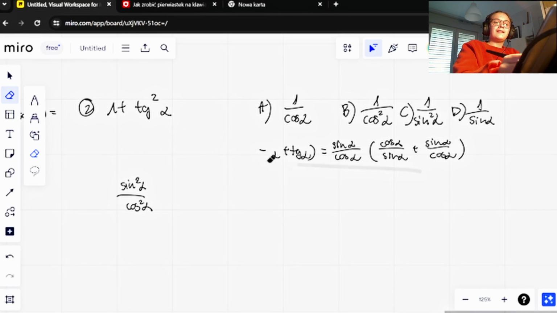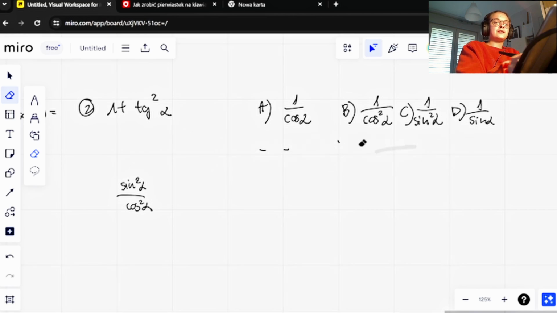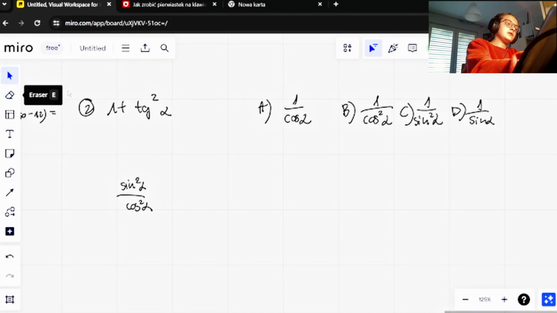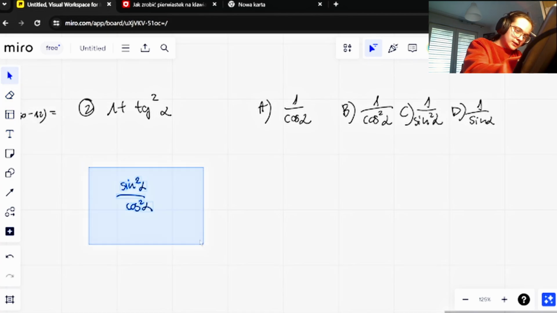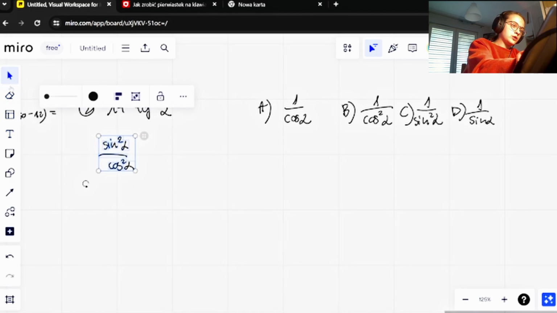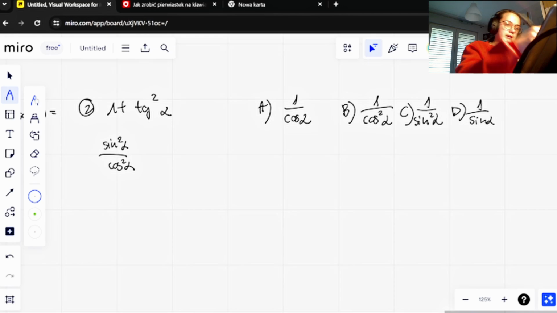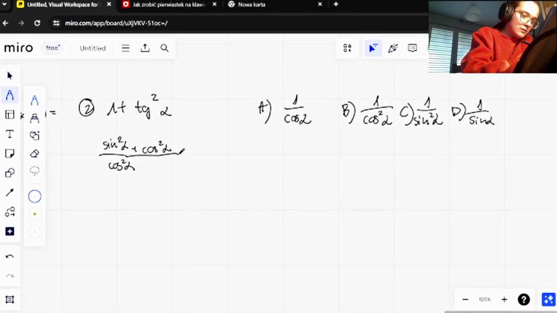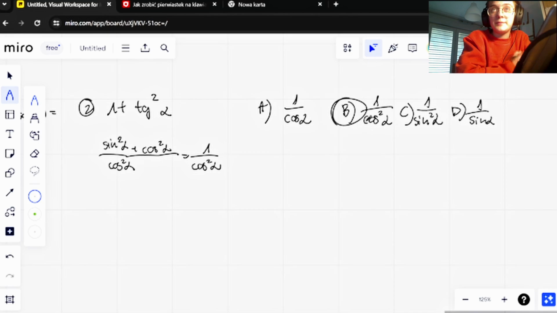Excuse me. You just need to see what your options are, and I just picked the wrong ones. You just add this way, and this is also equal to this. So B is the answer. I'm just dumb. You just need to see your options.